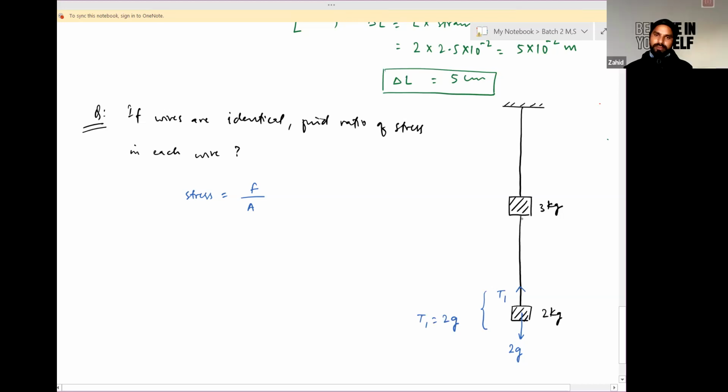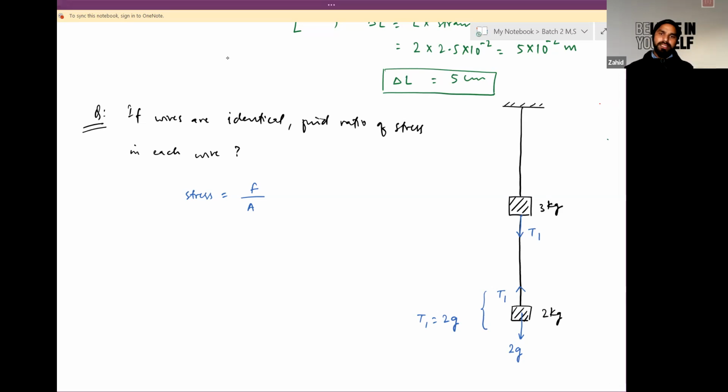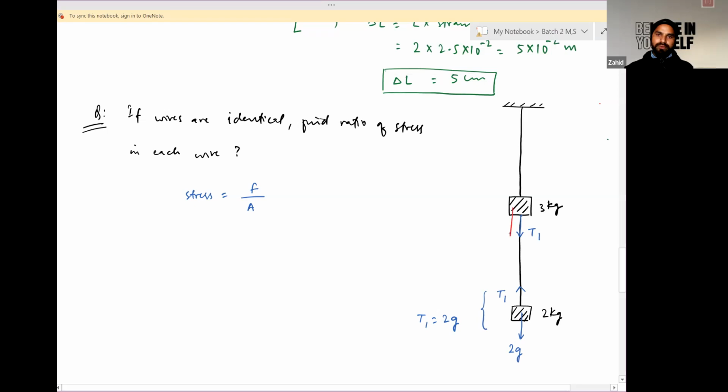Similarly, at this point of contact, there will be tension in downward direction as T1. For a massless and inextensible string, tension will be the same at each point, and it always acts opposite to the point of contact. So this T1 will be in downward direction. Next, the mass of that block is 3 kg, so there will be another force due to gravity in downward direction, that is 3 times gravity.